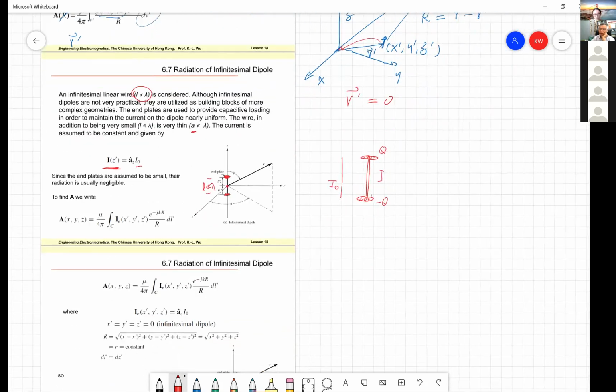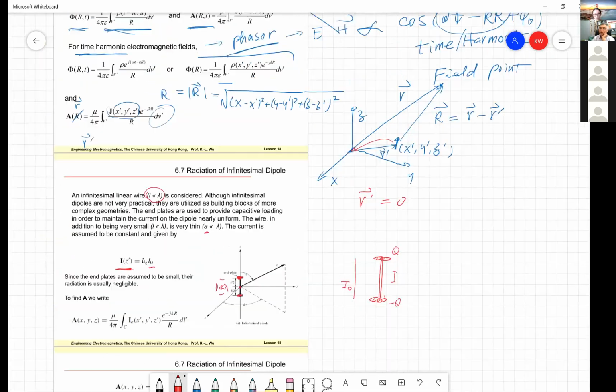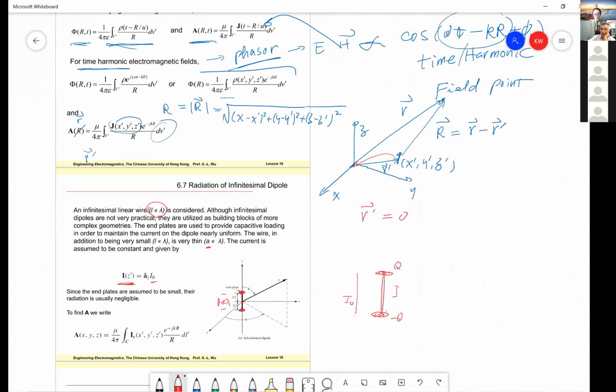Now under this, let's see how we use this relation. This is the coordinate of R, and this is the coordinate of R prime.